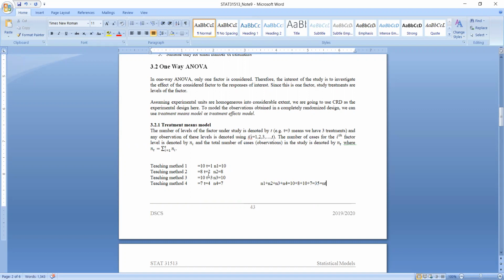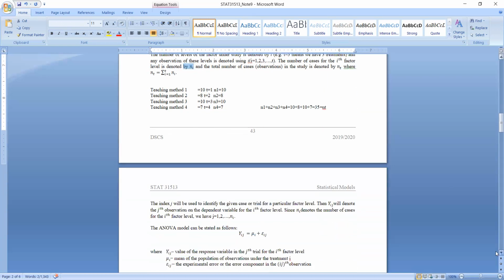T is the number of treatments you have. Under one treatment, you can talk about the number of observations you have. If it is the ith treatment, you have Ni observations. So you have to take the total of all the Ni to find out the total number of cases that you have taken for your study.